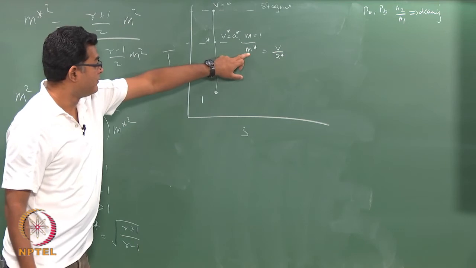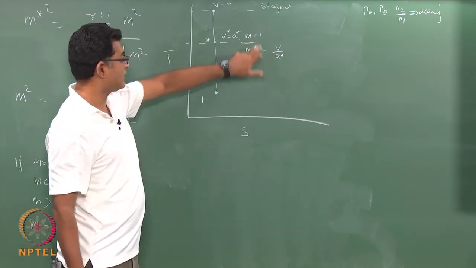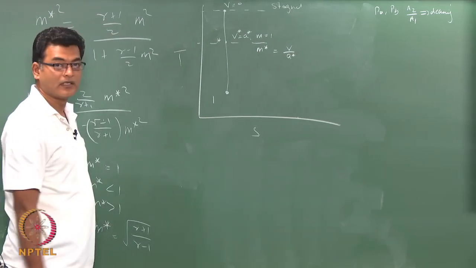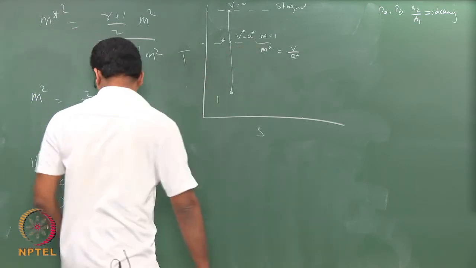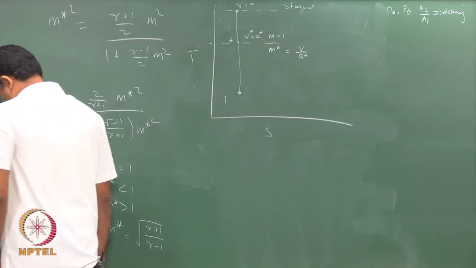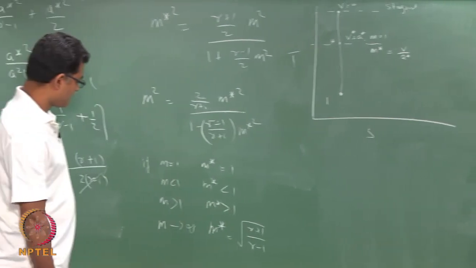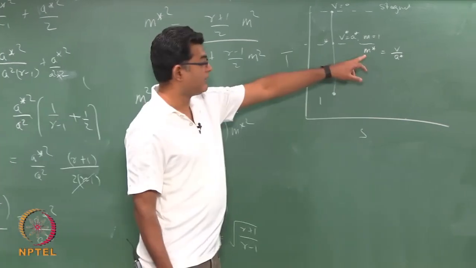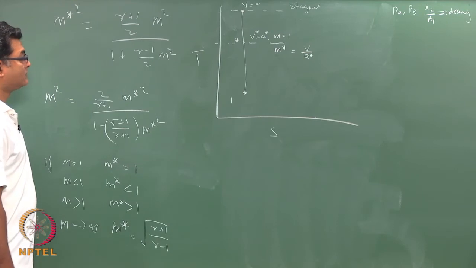So the M star associated with this particular M is my M star. If M equals 1, I will have M star equals 1.